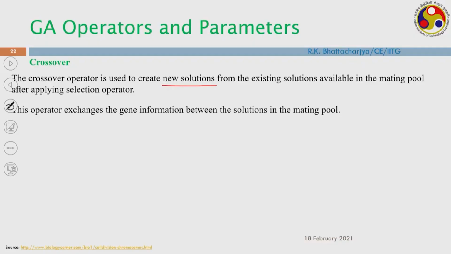This operator exchanges the gene information. I will explain what gene information is. As of now, we have not seen any gene information in the solutions in the mating pool. So, this operator exchanges the gene information between the solutions in the mating pool.